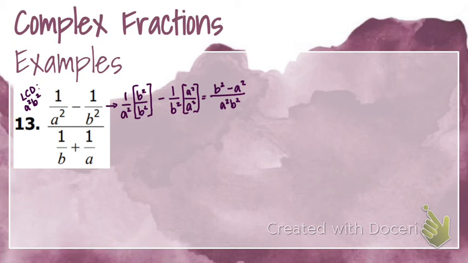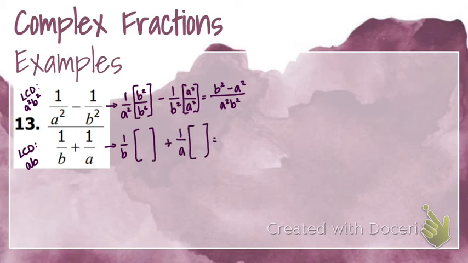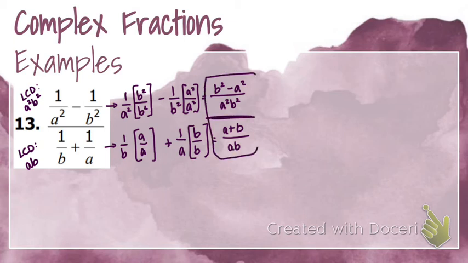All right, on the bottom, our LCD is going to be ab. So we have 1 over b times something plus 1 over a times something. We have to multiply the first one by a and the second one by b, and we will get a plus b over ab. So now this is our new problem.